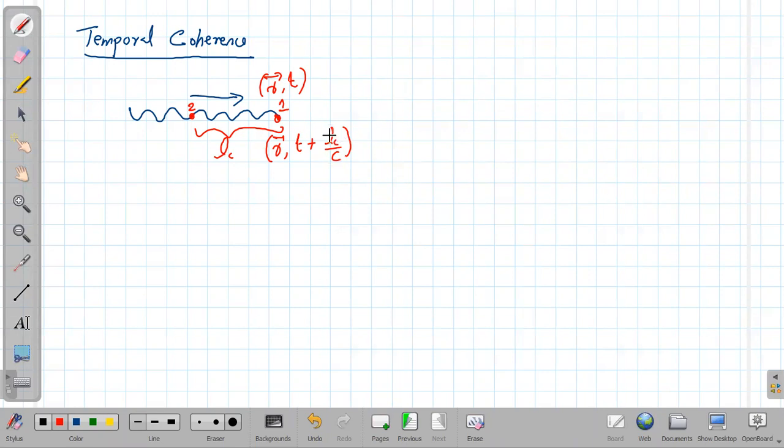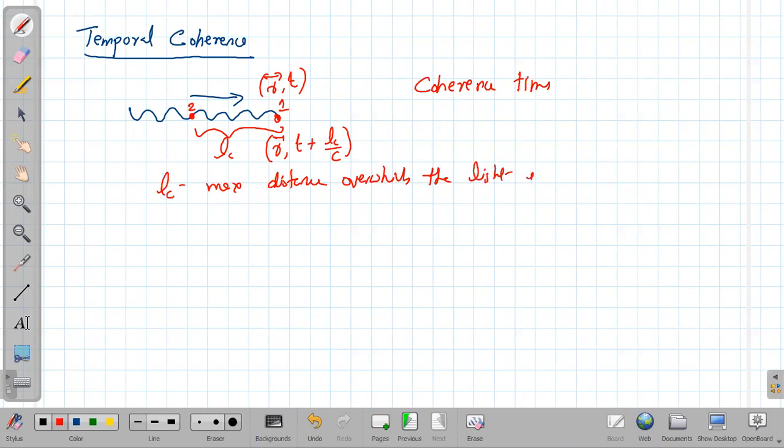Okay, now this LC by C is called the coherence time. This LC is the maximum distance over which the light is coherent.